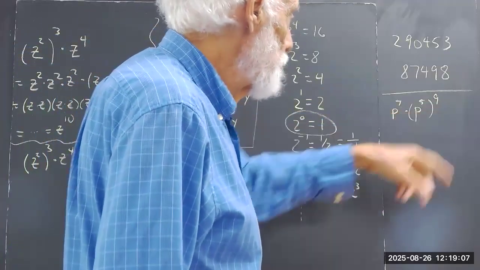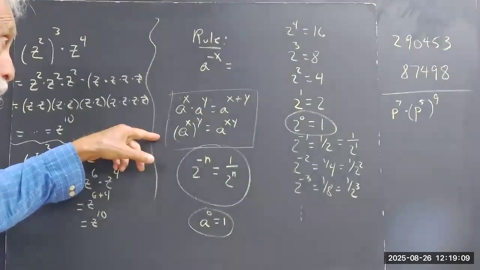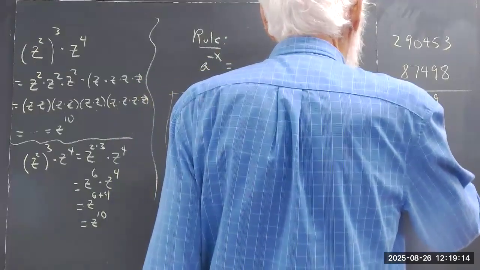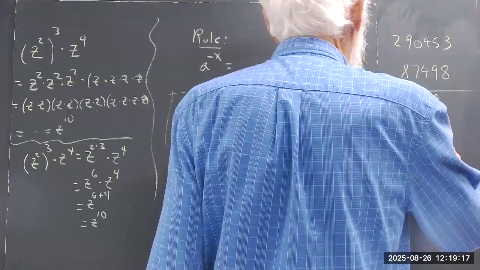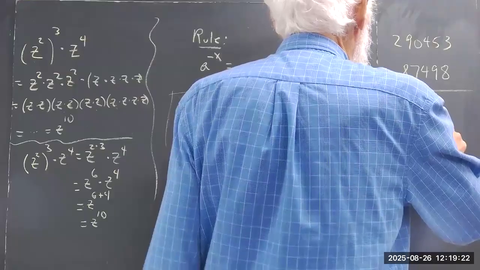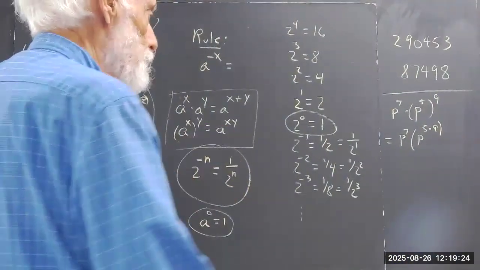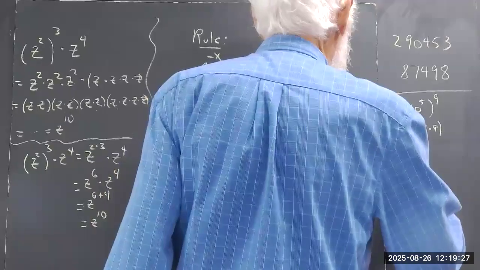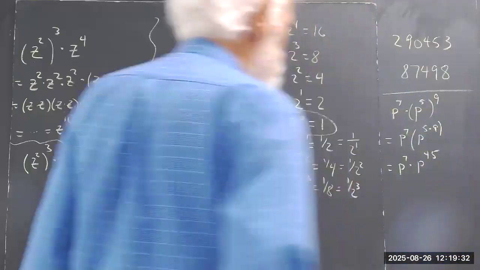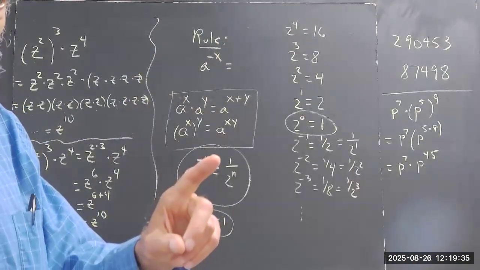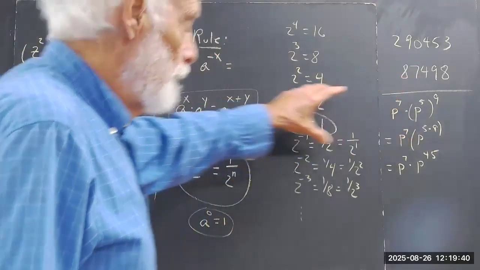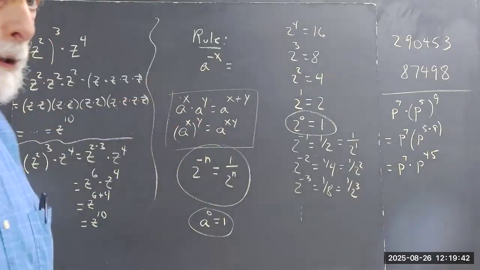Well, p to the 5th to the 9th, by the second rule, you're going to multiply the exponents. And you're going to end up with p to the 7th times p to the 45th. Now you can apply rule 1. So you have to look for something in an expression where the rules actually apply.